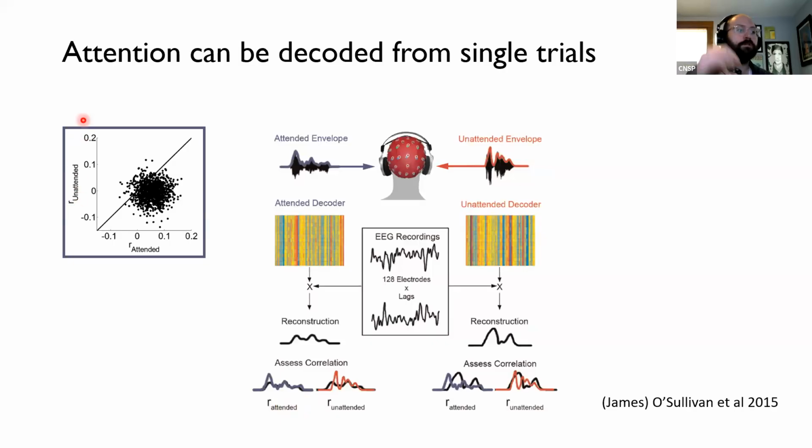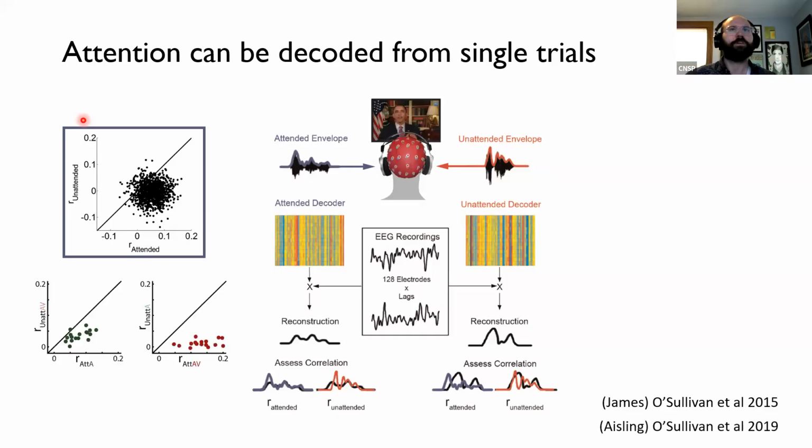And on a single trial level, the attended story is almost always represented more strongly in brain activity. And so this has become the basis of a lot of different attentional decoding paradigms. And we have our own conferences like COG here that's almost entirely attention decoding.